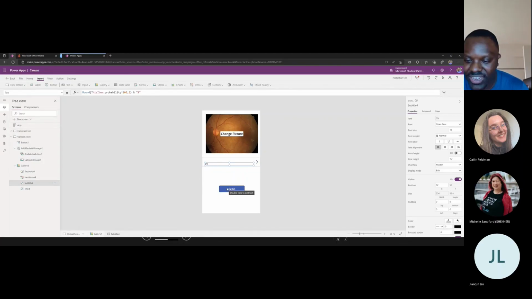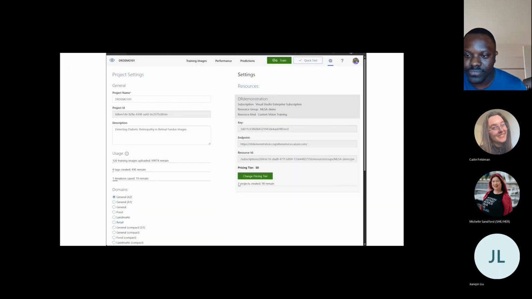When I press scan, and I have uploaded the picture, it should report the test and the value here. But as I said earlier, for some reason I can't connect my Custom Vision, so I will just show you how it is meant to look.